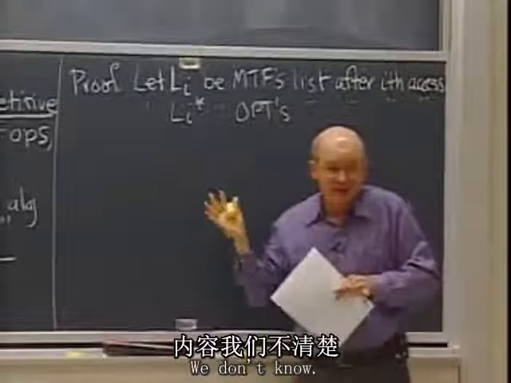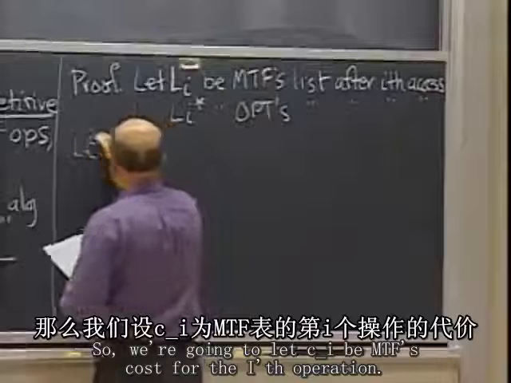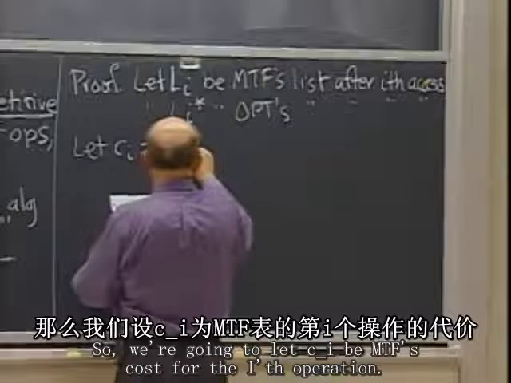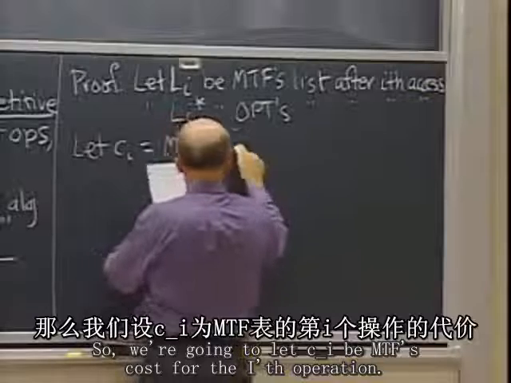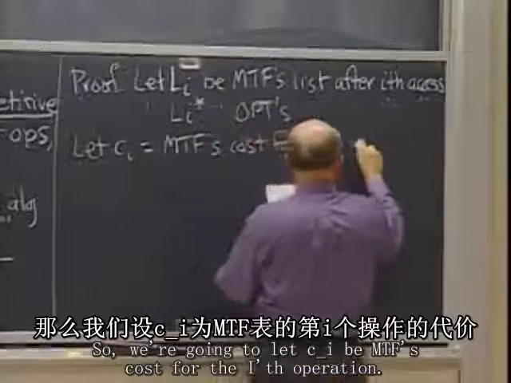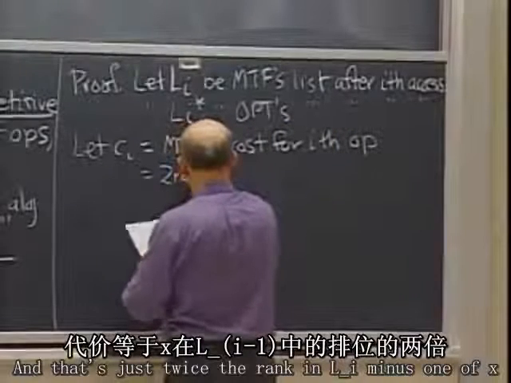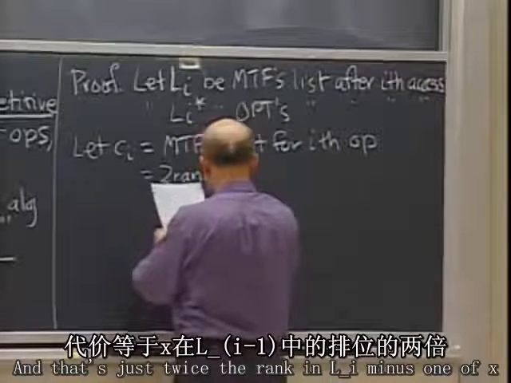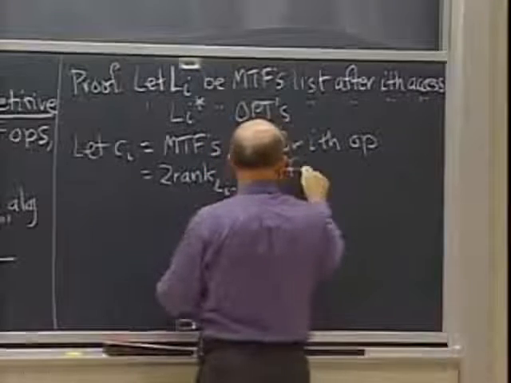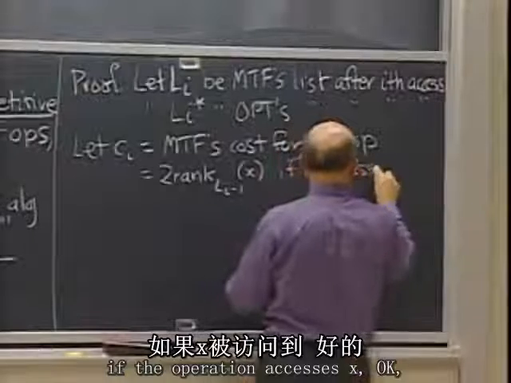We don't know. Okay? So we're going to let C sub I be MTF's cost for the ith operation. And that's just twice the rank in L sub I minus 1 of x if the operation accesses x.